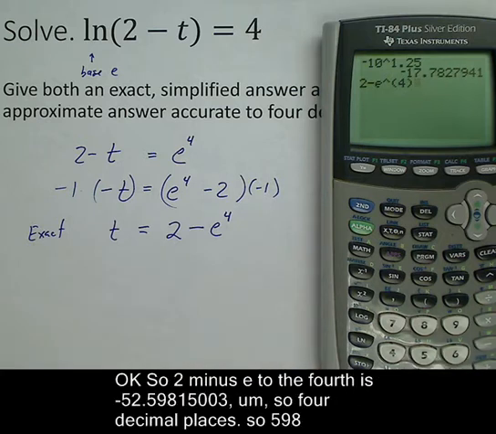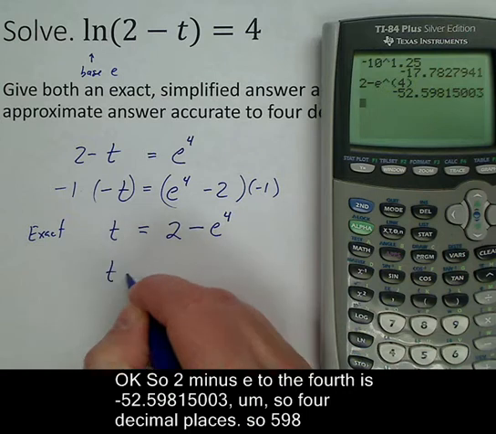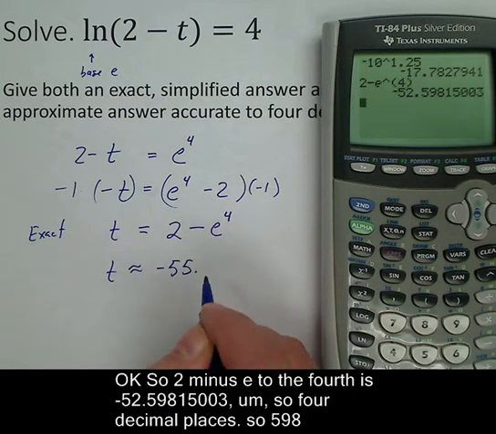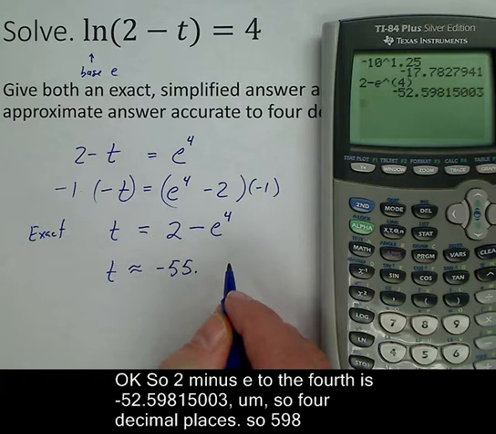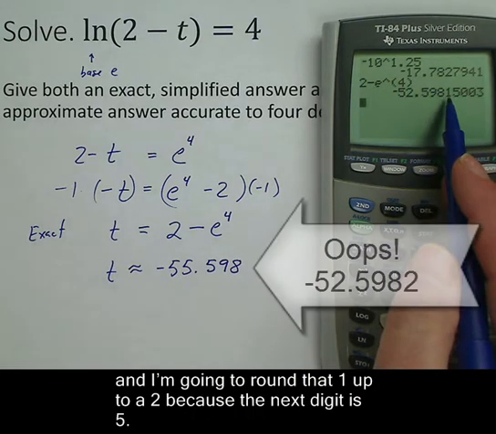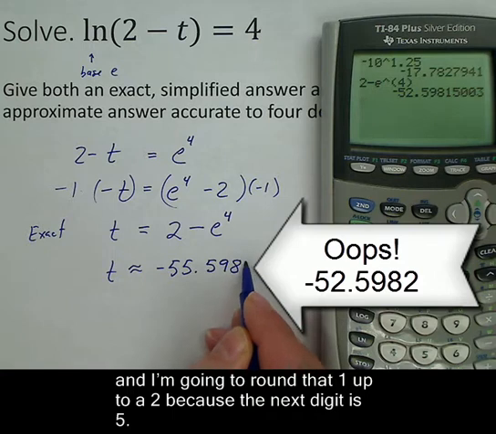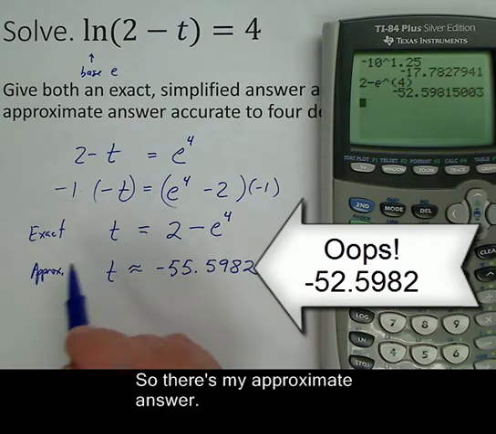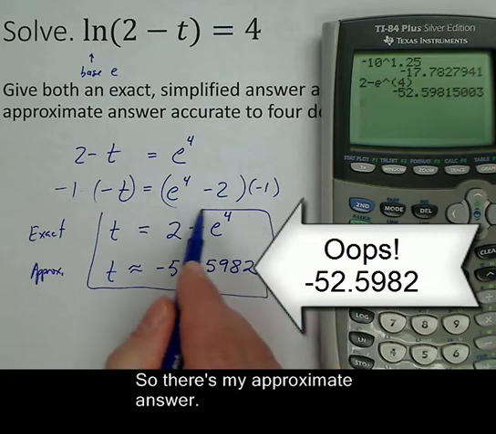Okay, so 2 minus e to the fourth is negative 52.59815003. So 4 decimal places, right? So 5, 9, 8, and I'm going to round that 1 up to a 2 because the next digit is 5. All right, so there's my approximate answer.